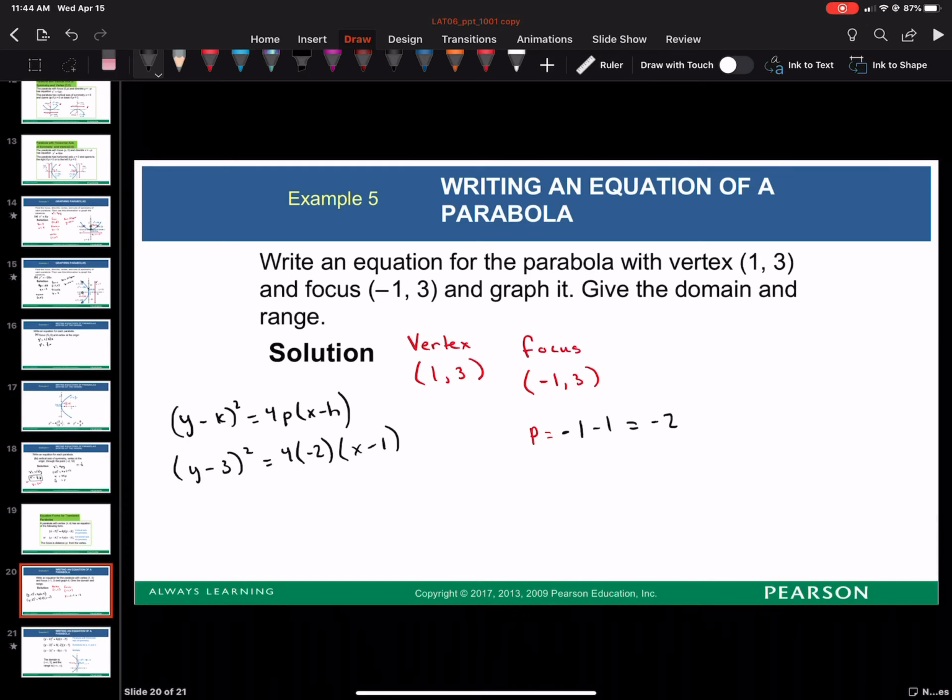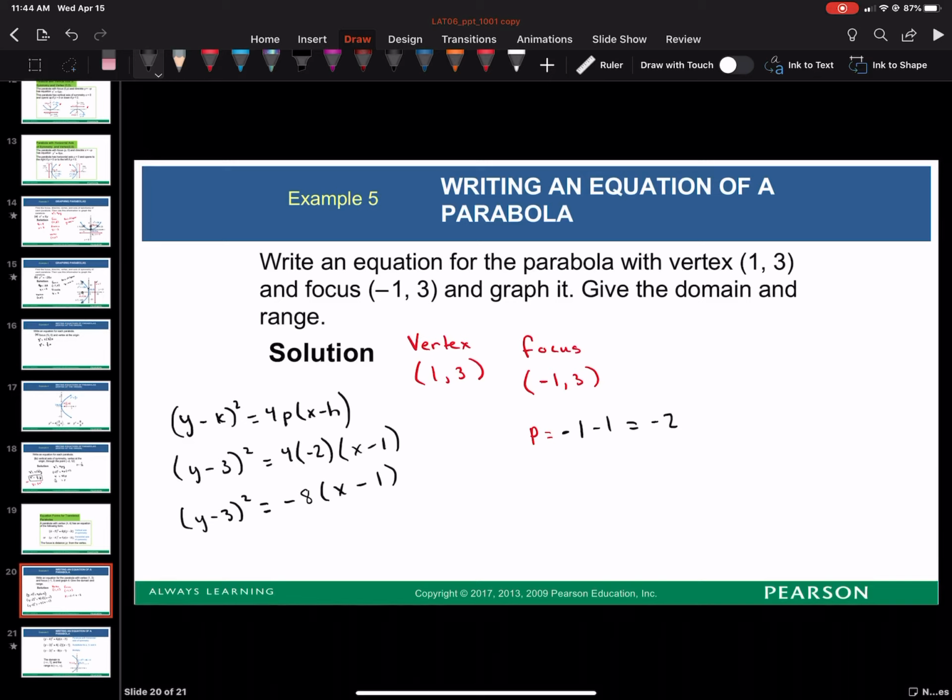Then this would just be (y minus 3) squared is equal to -8 times (x minus 1). Since it's negative, you know it opens to the left.